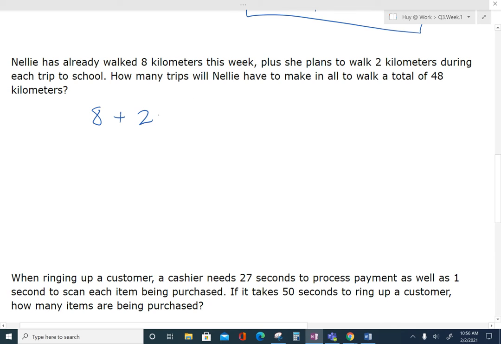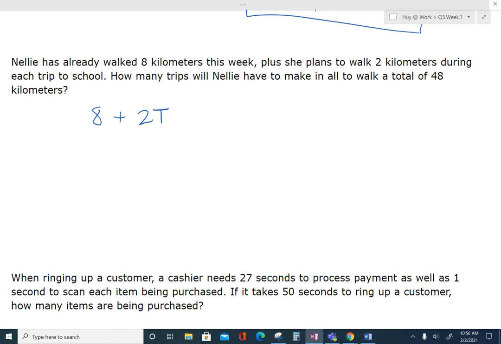Let's write S. I'm not going to write T because it looks like a plus sign. Not a big fan of that. Or let's write capital T. That will solve it. Math people are problem solvers. There we go. So every trip, 2 kilometers.